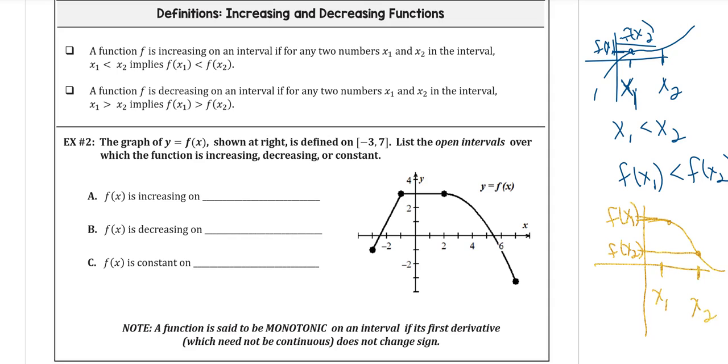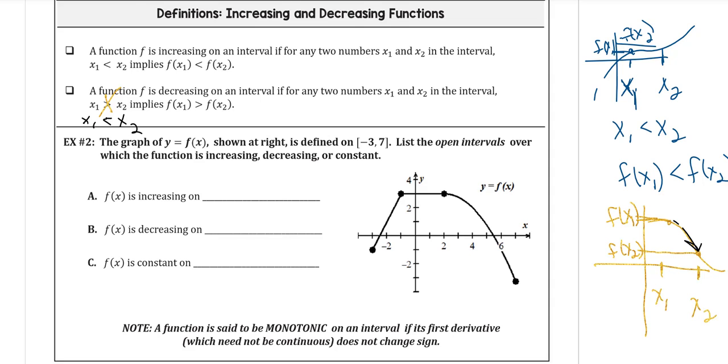What I can see is, and this is a typo there, that should be for x1 less than x2. We know the interval is decreasing if f of x1 is greater than f of x2. So we can see that as we move along here, our y values are decreasing. Okay, so let's do example 2, and we'll finish up this video, and I'll continue in video 2.